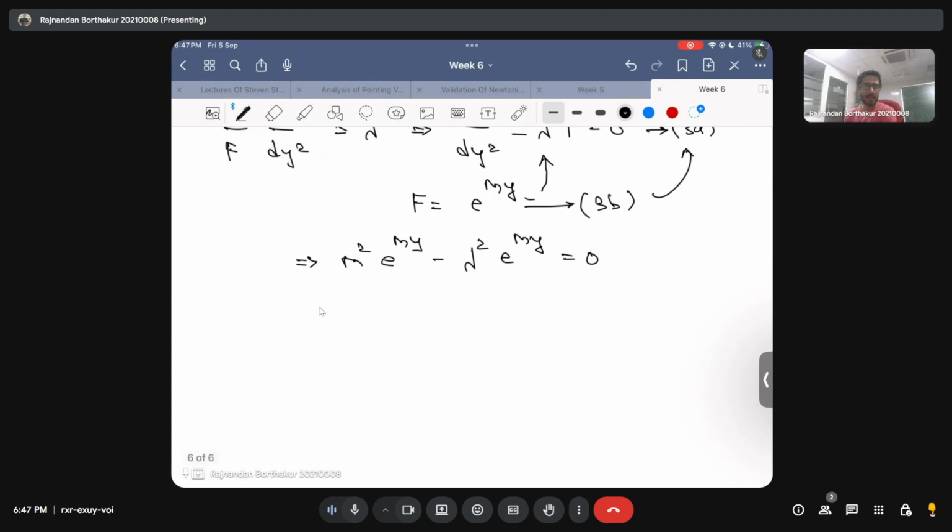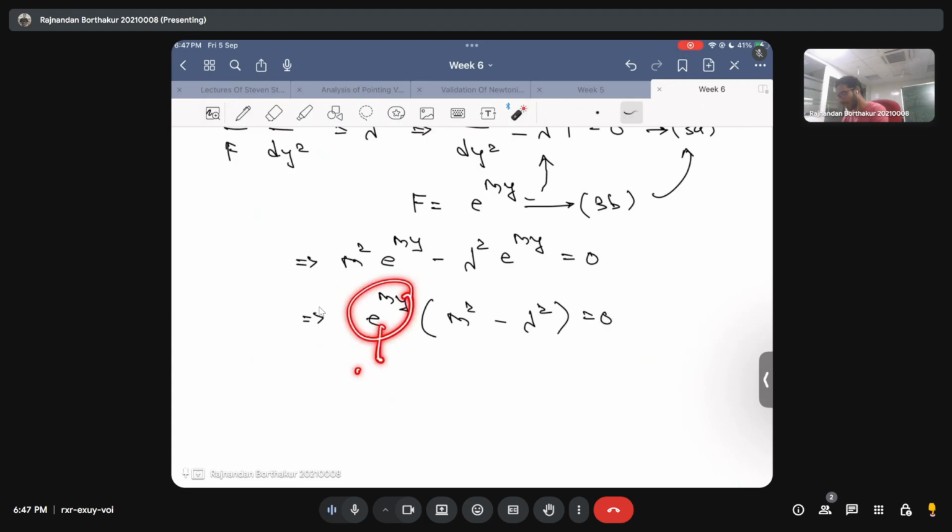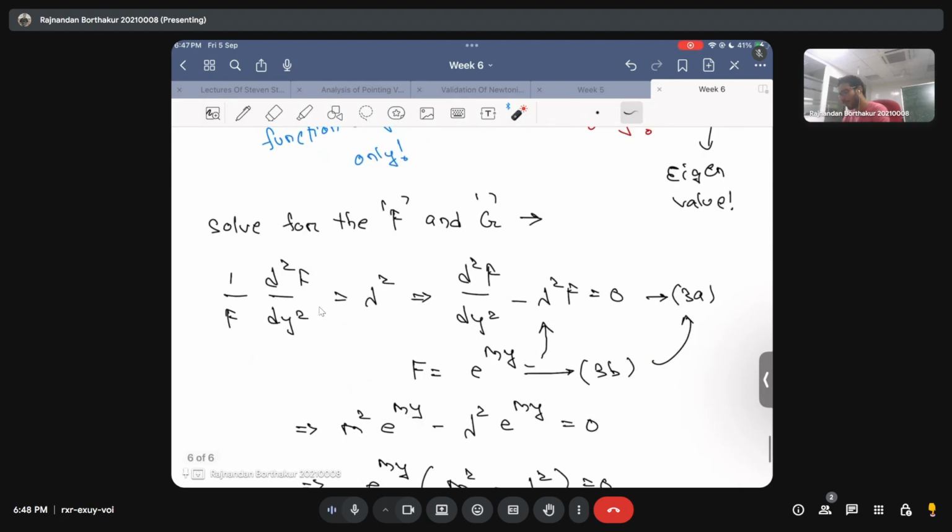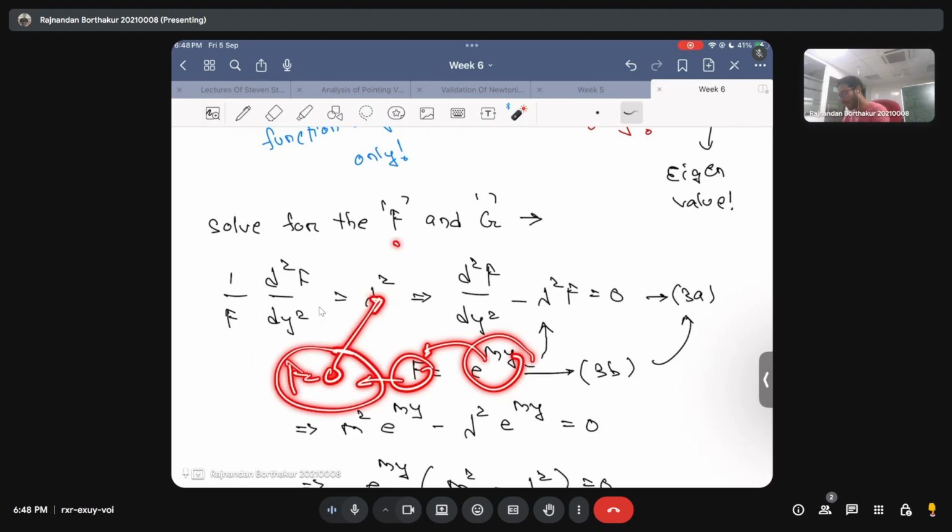Since e power my cannot be equal to 0, because we are not looking for any trivial solution, I take e power my common, and m squared minus lambda squared equals 0. If e power my becomes 0, then f becomes 0, and my temperature, which is g times f, comes out to be 0.